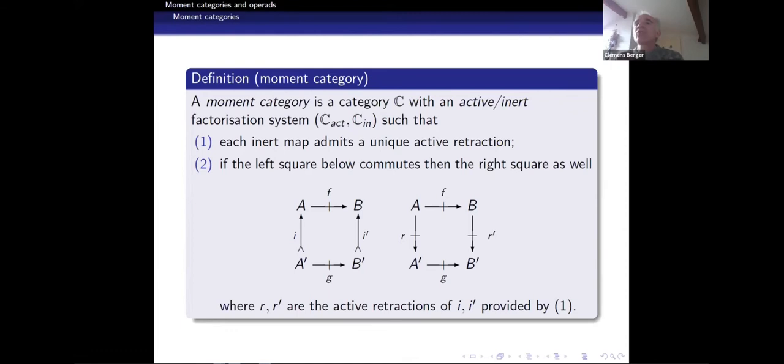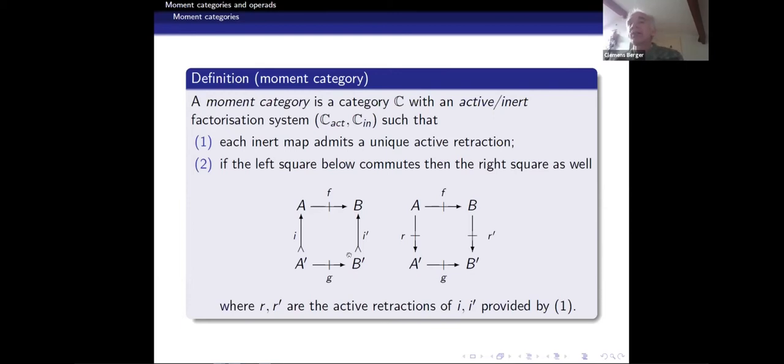And the square you get on the right must also commute. That's the second axiom. It is a quite weak axiom, and in all cases I know it is automatically satisfied.